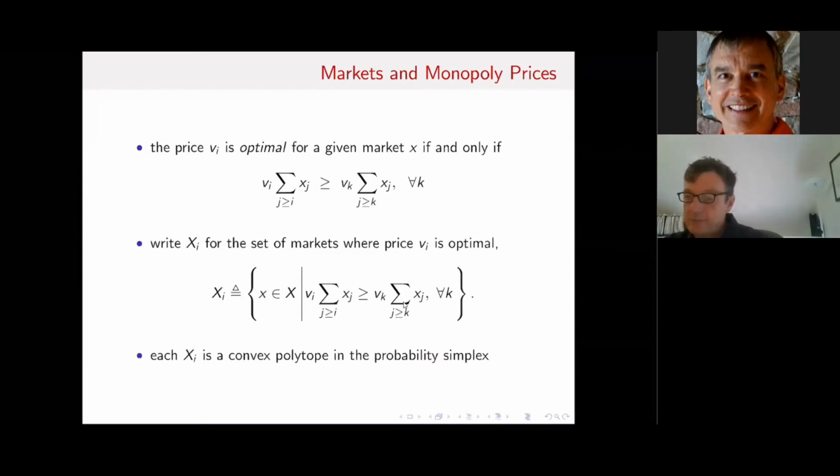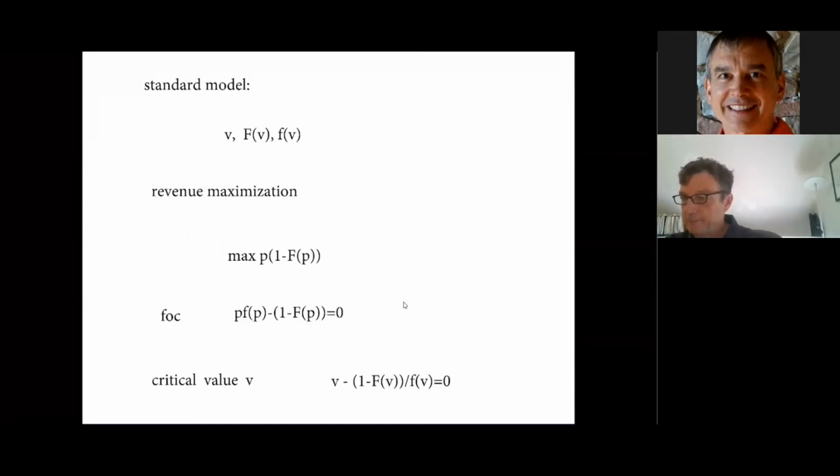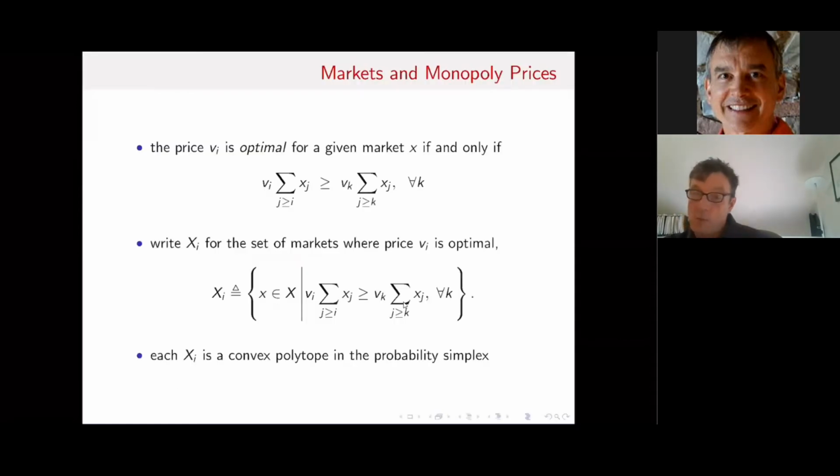And if we form these sets, one for every possible valuation, so that's the capital XI, we basically split the probability simplex into many convex polytopes, each one of them giving us a set of probability distributions where charging the price VI is optimal. Okay, so XI, capital XI, is the set of markets where charging the price VI is optimal. Okay, and this is how markets and optimal prices are related. Okay.